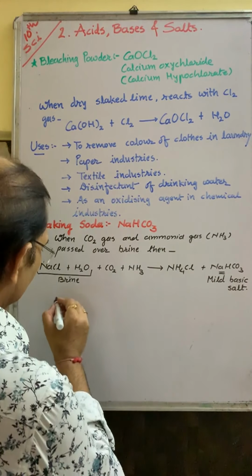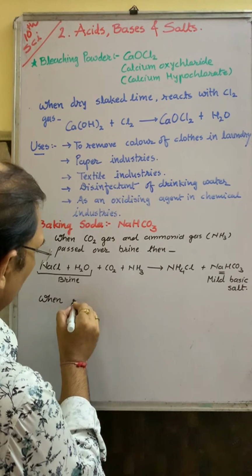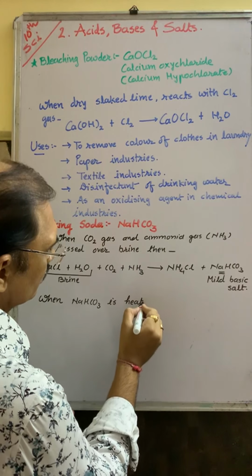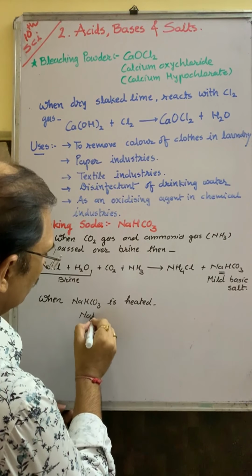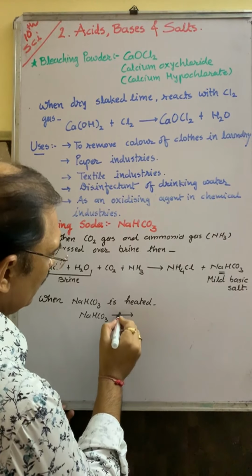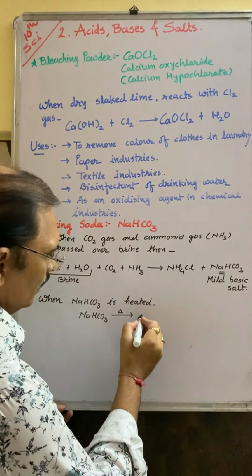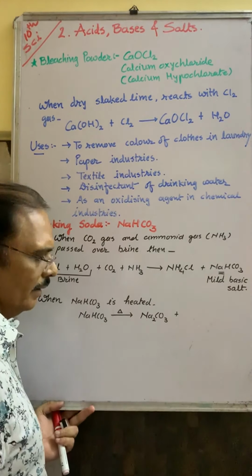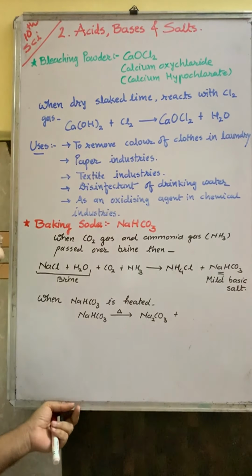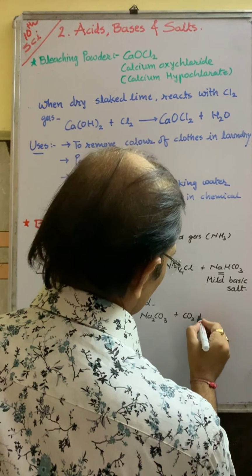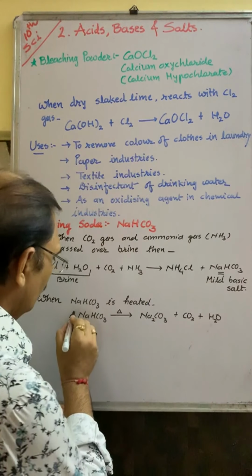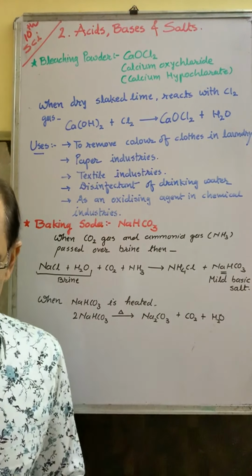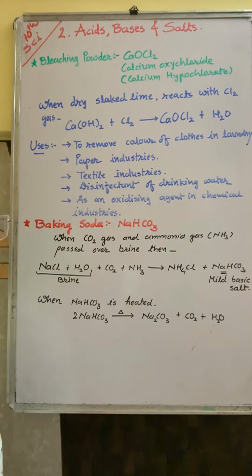When NaHCO3 is heated, heated means triangle symbol, then it forms sodium carbonate, Na2CO3, plus carbon dioxide and water. Balance. So in this way, sodium carbonate, that is called washing soda, is also produced.